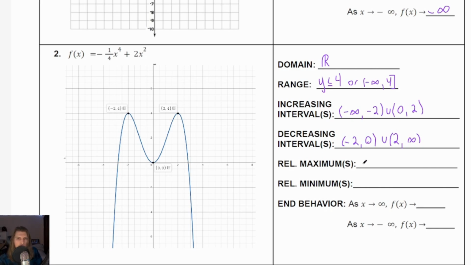So our relative maximums, we actually do have two this time. We have (-2, 4) and (2, 4). Those are both of our relative maximums. In this case, they are actually our absolute maximums because they are the highest point of the graph. And our relative minimum, we have (0, 0).